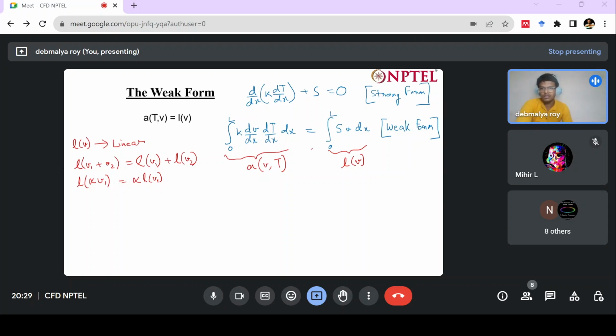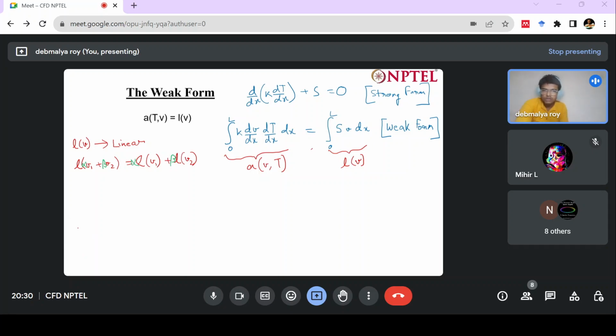These are the two properties of a linear term. You can simply merge them into one property: you write alpha and beta here, and then you will not have to write the second property separately.